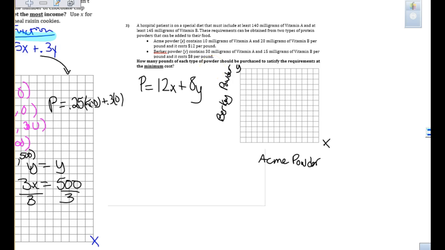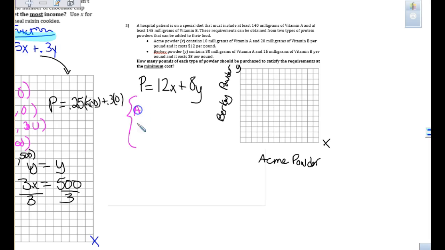Next thing, we want to try and write all of our constraints. So, as we look at that, what do we know about powder X? It has 10 milligrams of vitamin A. So like in the video yesterday, you want to do vitamin A, right?